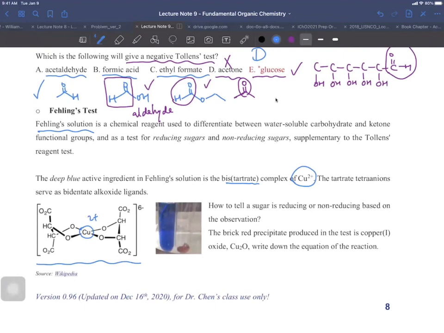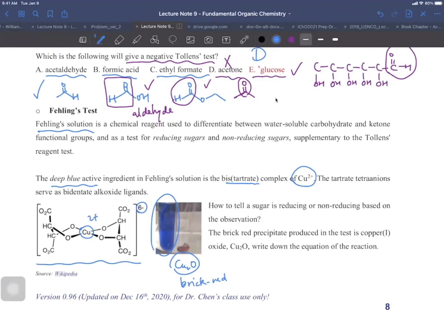So this is why it's 6 minus in total. This is a deep blue solution because it's related to the copper 2+. And after it reacts with the aldehyde, this copper 2+ can be reduced into this brick red product, which is the copper 1 oxide. So if we observe the blue solution change into a brick red precipitate, we can say, okay, there is an aldehyde group in the structure.